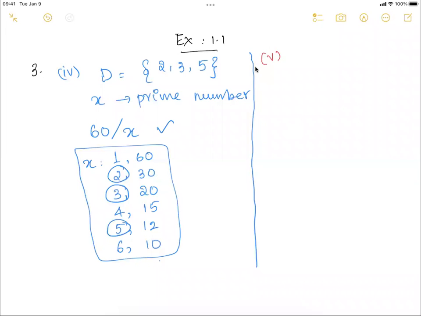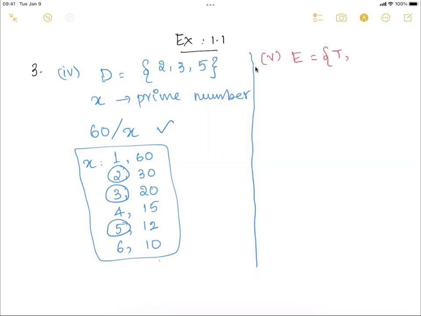Okay, now let's work with 5, where E is the set of all letters in the word trigonometry. So the key thing to remember is that in a set, the elements are generally not repeated.